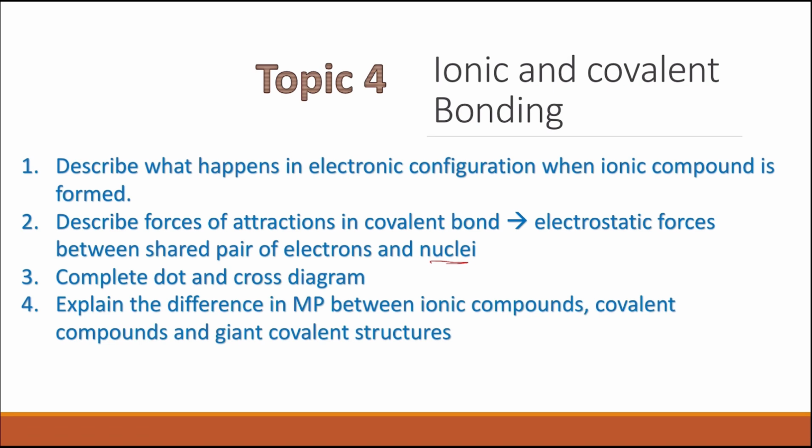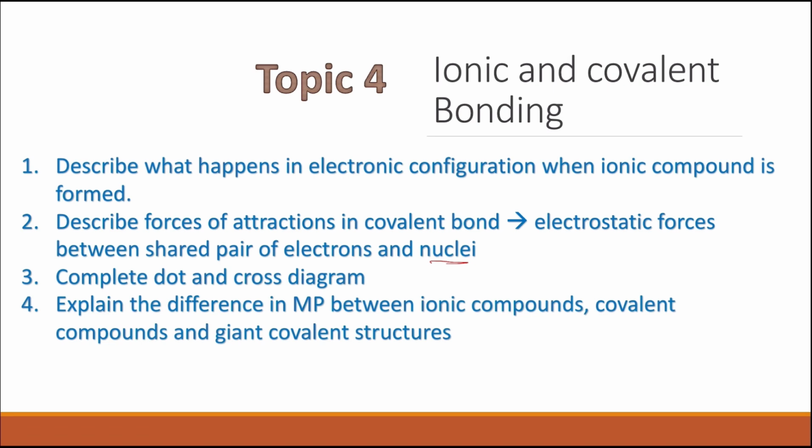There are strong electrostatic forces of attraction between oppositely charged ions. They need a lot of energy to break these bonds, and so they have high melting points. Simple covalent molecules have weak intermolecular forces of attraction between molecules. They don't need that much energy to break the bonds, so they have low melting and boiling points.